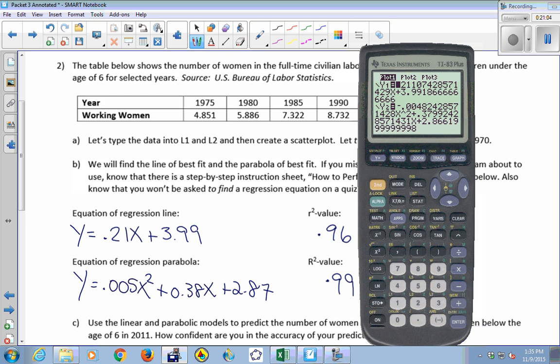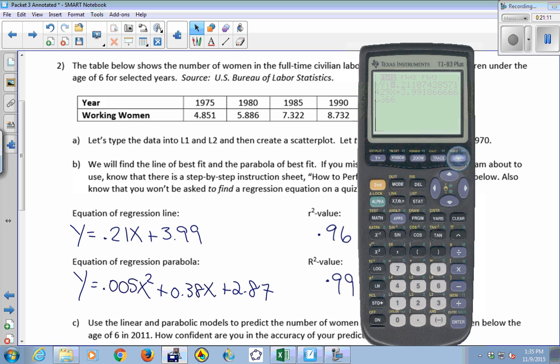All right, so once you have your window set and Y1 and Y2 and plot 1 all have things in them, press graph. So you can see your data. The first line that graphs is your linear, and then the curve is your quadratic regression. Your data is not there?